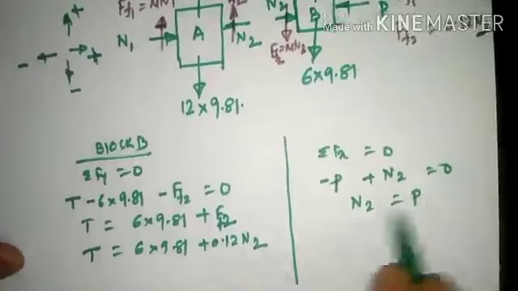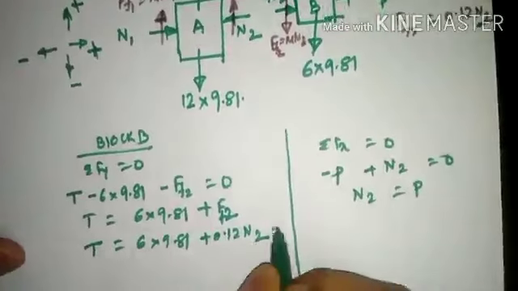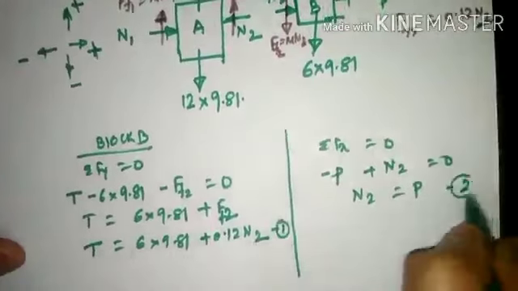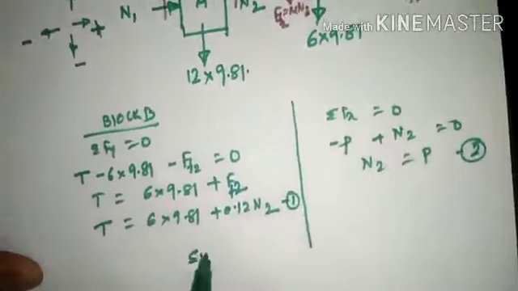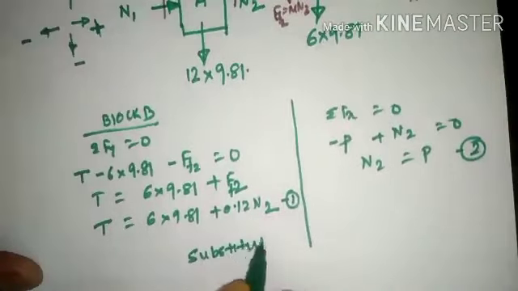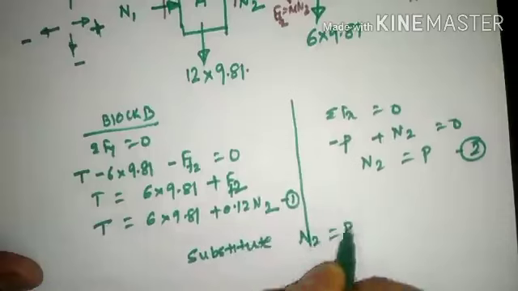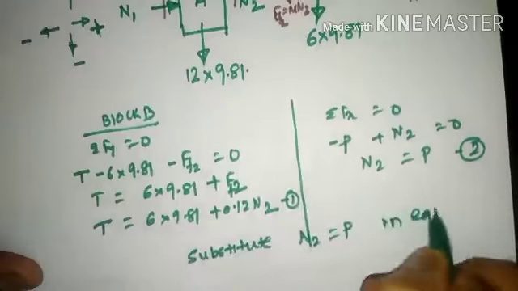This N2 can also be substituted here. This equation you call equation 1. This equation you call equation 2. Substitute N2 equal to P in equation 1.